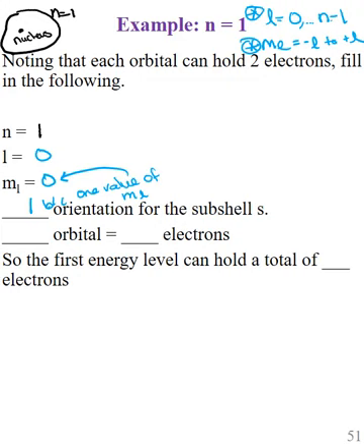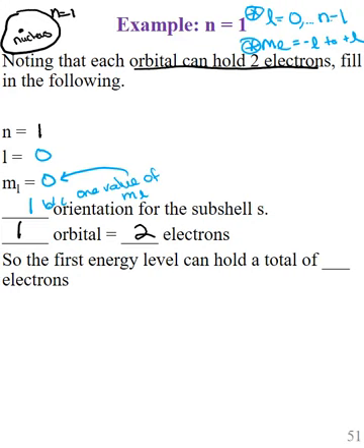Now the orientations will tell you how many orbitals you have. So if you have one orientation, you're only going to have one orbital. And keeping in mind that each orbital can hold 2 electrons, because I only have one orbital, I'm going to have a total of 2 electrons.